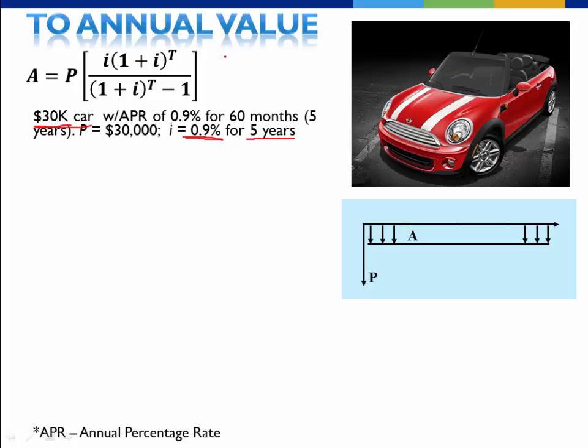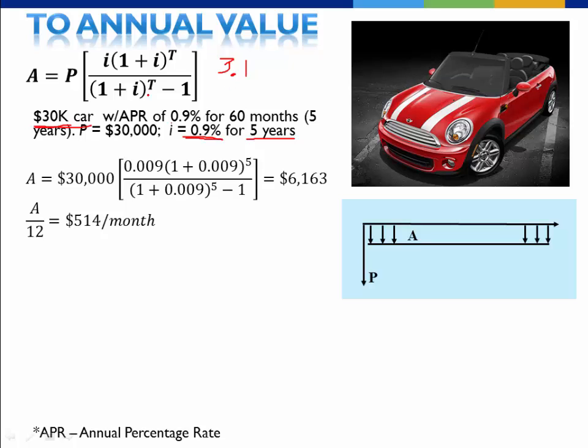In this case, this is formula 3.1. So you basically substitute into the formula the present value, the discount rate, the number of years, and so on. In order to pay for these $30,000, the expected annual cost is about $6,163.